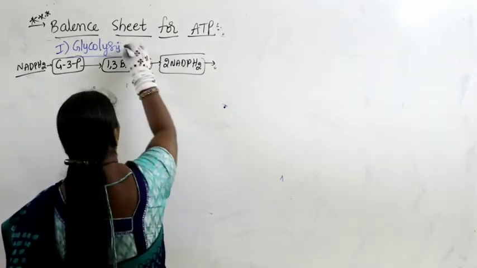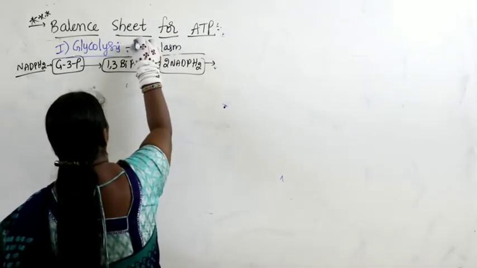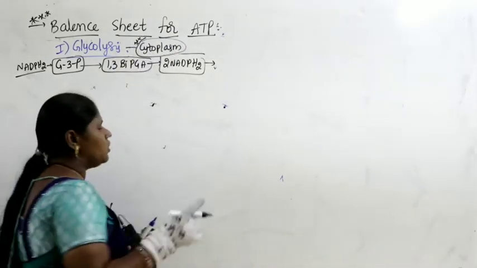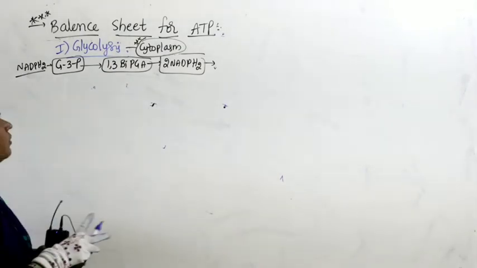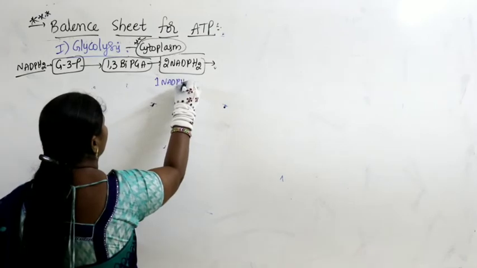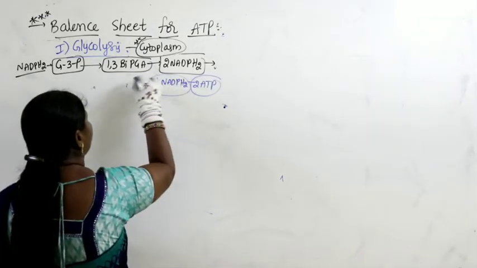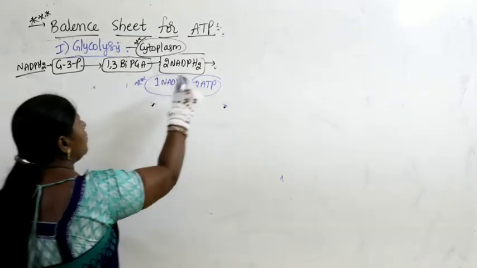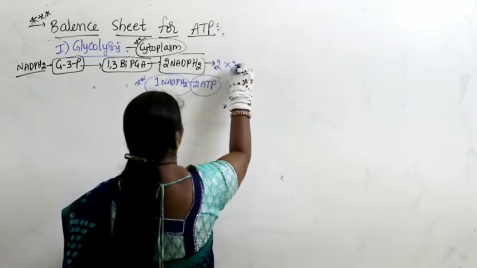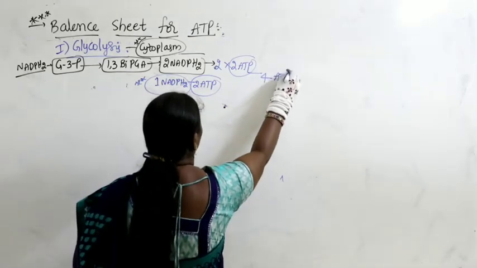Glycolysis happens in the cytoplasm. Each NADPH2 contributes for 2 ATP. So 2 into 2 ATP, there is a generation of 4 ATP.